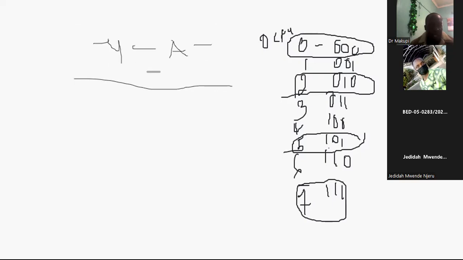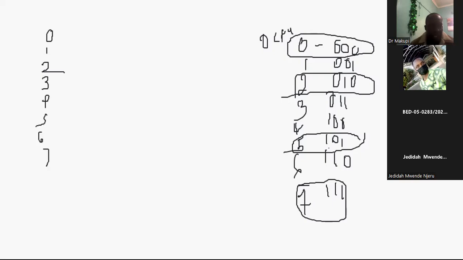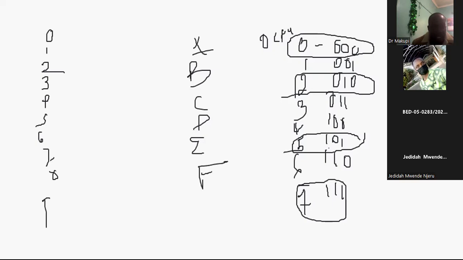At the back of your mind, you need to understand that you start from 0, 1, 2, 3, 4, 5, 6, 7, 8, 9, then A, B, C, D, E, F. All these form 16.